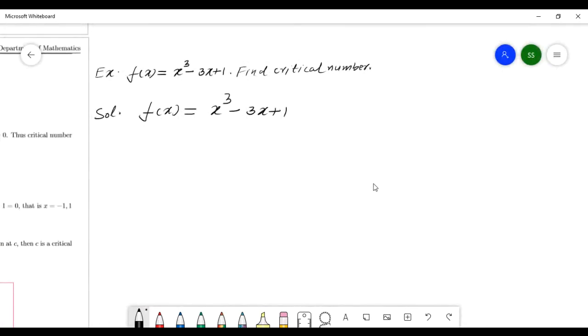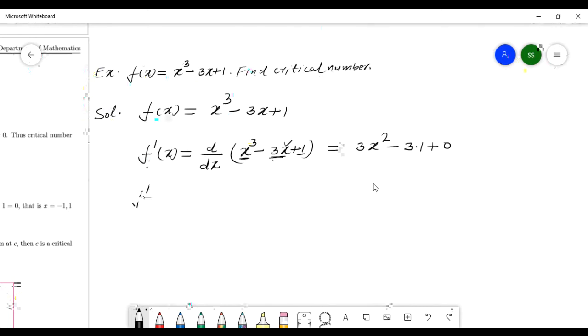So for the critical number, first you find the derivative, first derivative. This one, f dash x. f dash x equal to d by dx of x power 3 minus 3x plus 1. Okay, and this equals what? Derivative of x power 3 comes 3x square, you know this, and minus derivative of 3x, 3 is the number, so 3 here, and the derivative of x is 1. Okay, and plus derivative of this number 1, this is 0. Okay, this is 0.